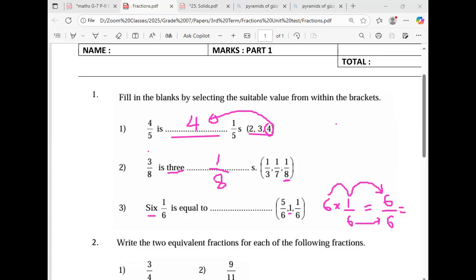Go again. 6 divided by 6. What is the answer? 1. Yes, 1. Why did you take so much time to answer? I told you, you couldn't hear. Sorry, what I wrote. Okay, so 6 1/6 is equal to 1.